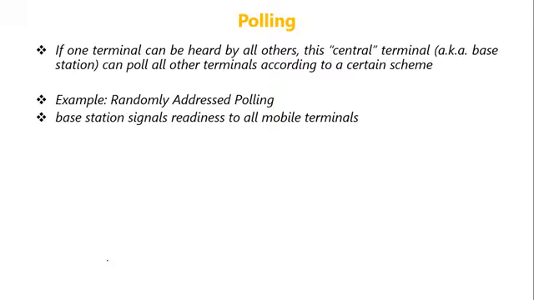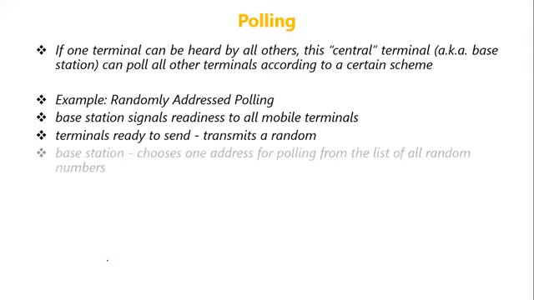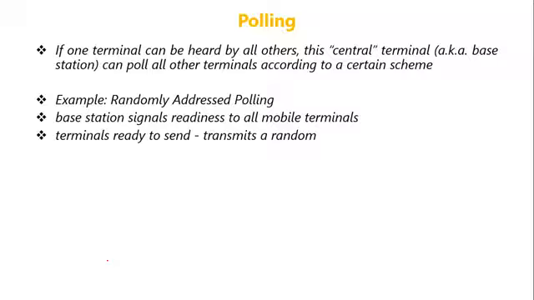In random address polling, the base station signals its readiness to all mobile terminals. That is, whenever the base station is ready to receive data from the mobile terminals, it will send a signal to all of them stating that now I am ready for communication. If anybody wants to communicate with me, now you can. The terminals that are ready to send will transmit at random.